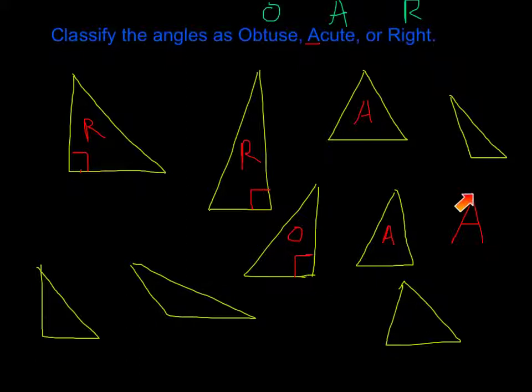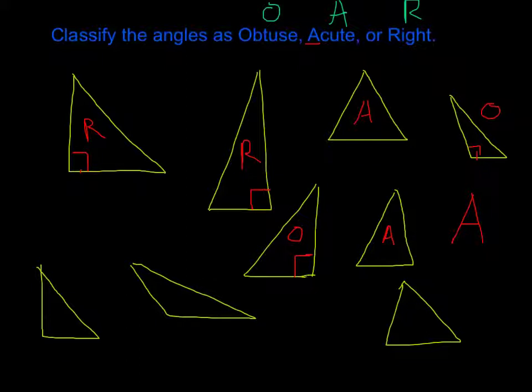And this next one over here, it curves outward and then goes straight across here. So I'm guessing it's going to be obtuse. I'm going to do my little square in there to double check. It curves outward on my square, so I'm going to say that this one is obtuse.